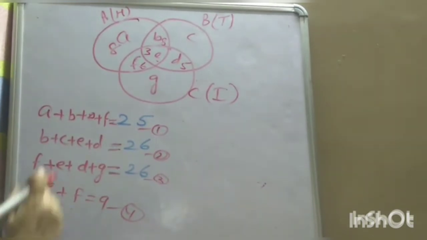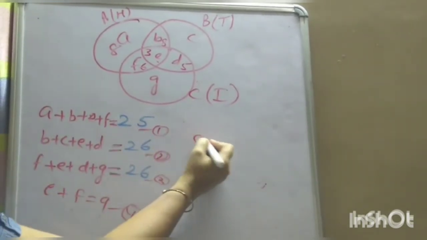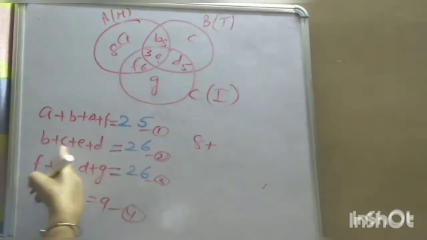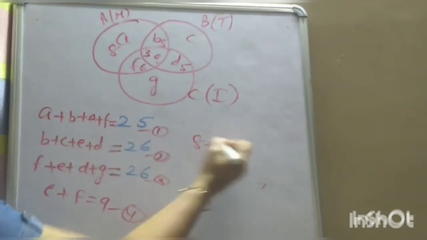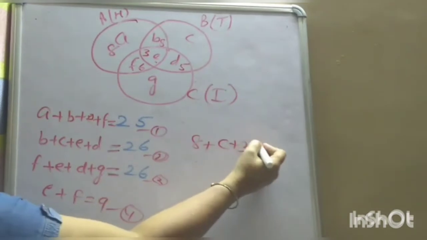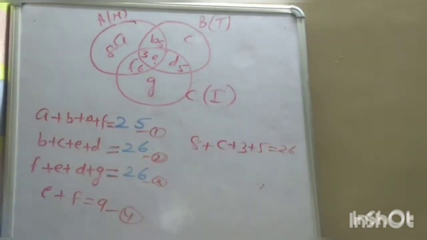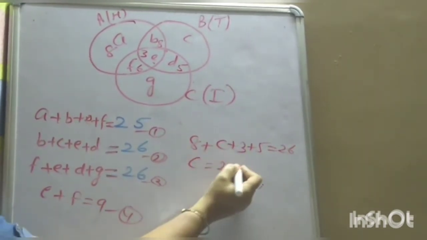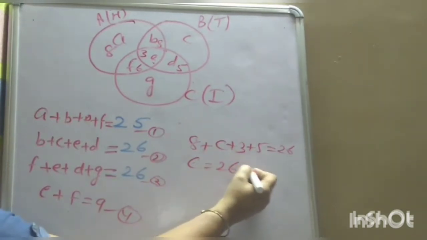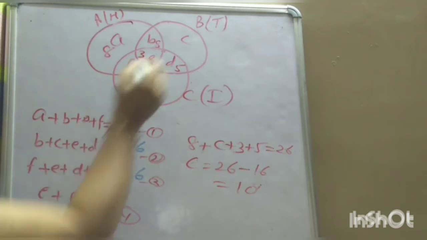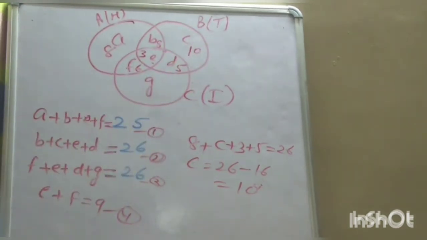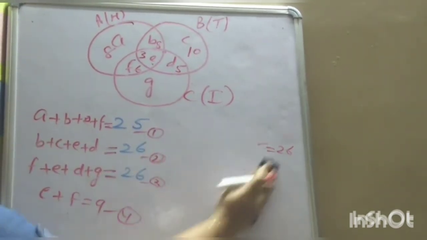Now, from equation 2, B, 8, plus C, we don't know, plus E, 3, plus D, 5, is equal to 26. C is equal to 26 minus 16, that is 10. So value of C is equal to 10.